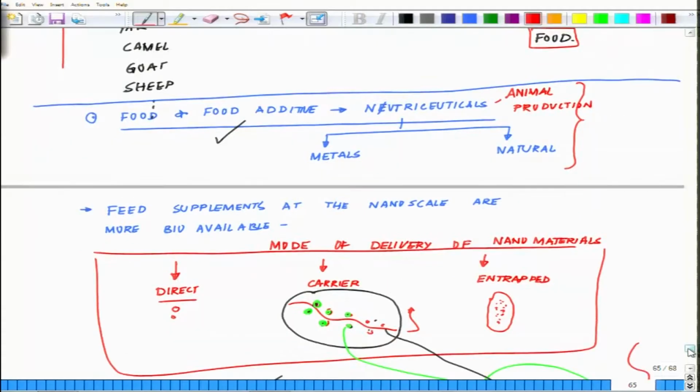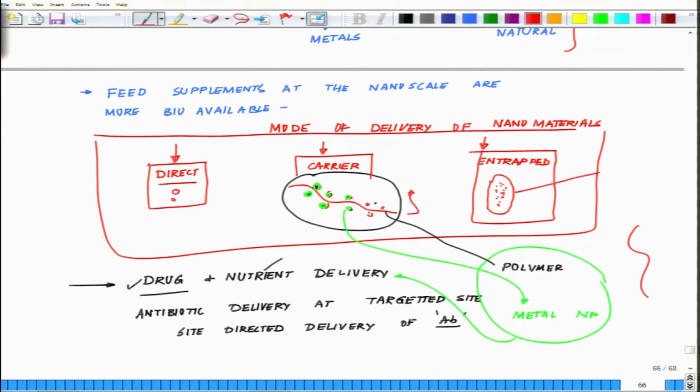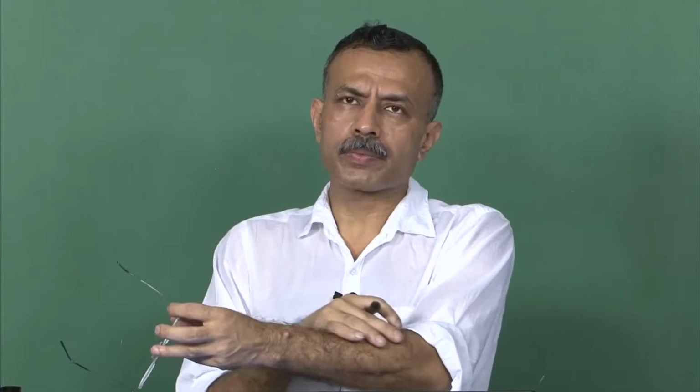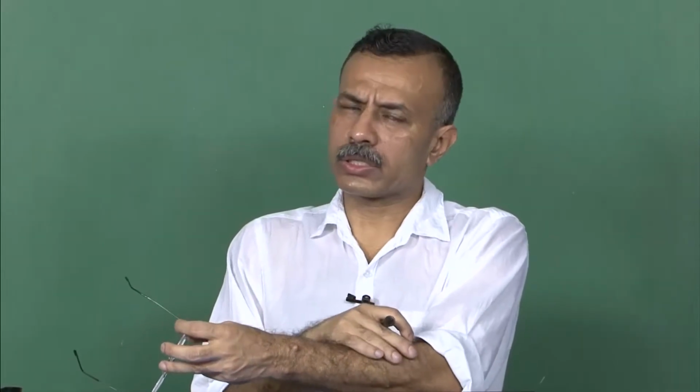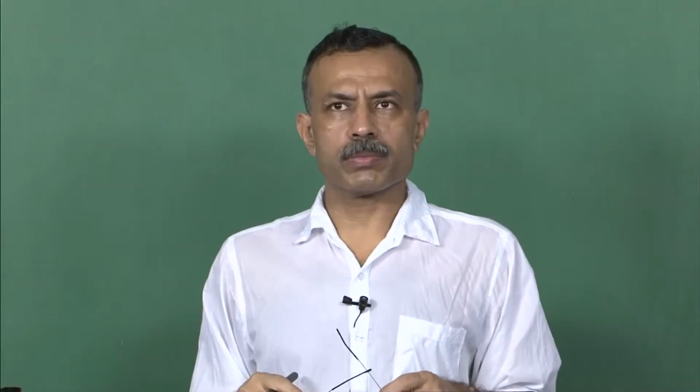Now, there are different modes of delivering these nanomaterials. Either you deliver them directly, or as a carrier, or entrapped, something like a capsule delivery. There are a lot of polymers, polymeric nanomaterials, polymer coatings, polymer gels and several such carrier modes that have been used to deliver these particles.